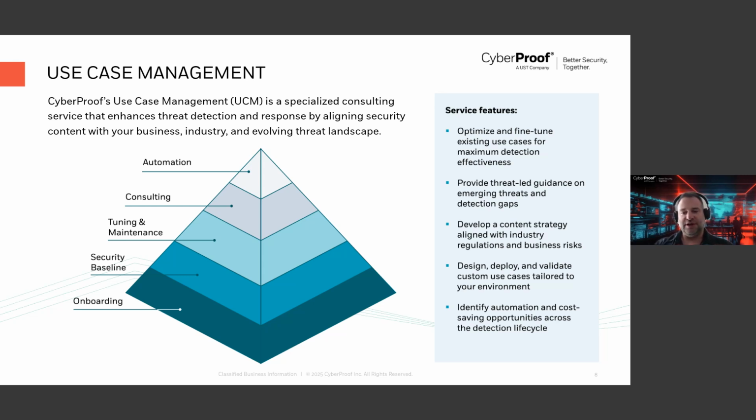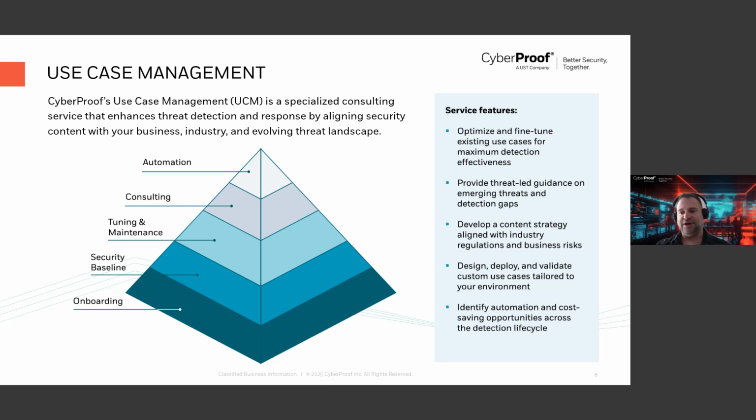So altogether, to sum it up, use case management transforms detection from a reactive, ad hoc, spontaneous activity into a strategic, value-driven capability that evolves with your business. And this is the final statement, at least on this slide.